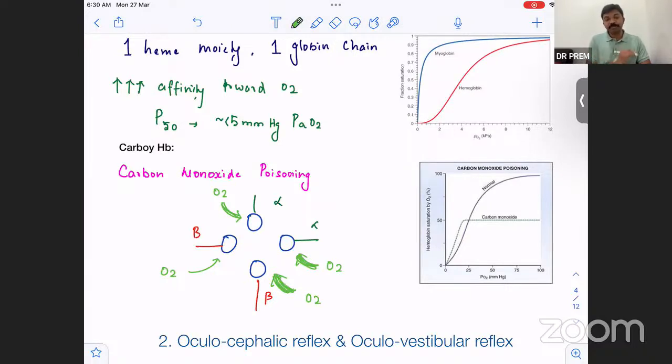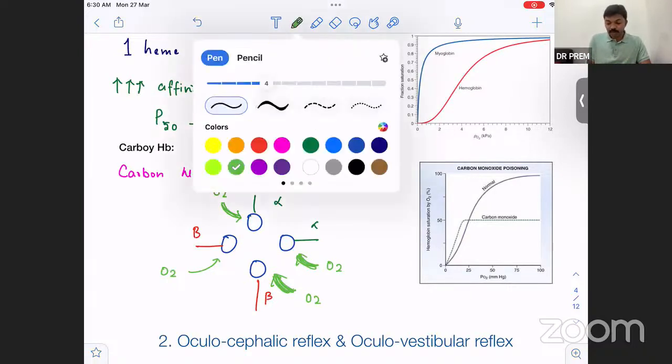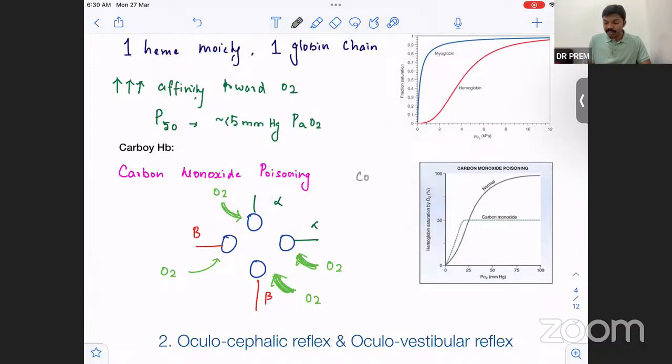When it comes to carbon monoxide, remember this one point: carbon monoxide competes with oxygen for exactly the very same binding site, the same binding site on ferrous ion.